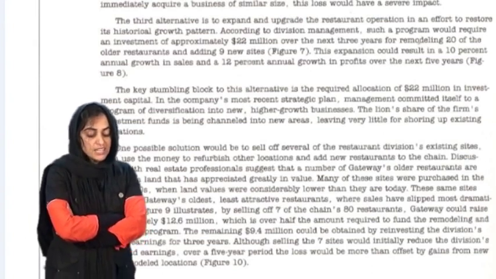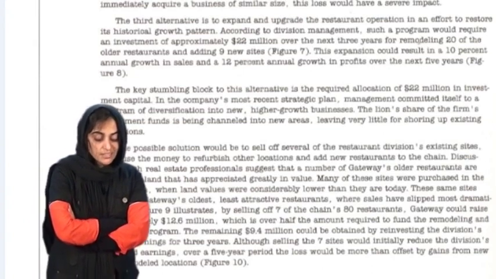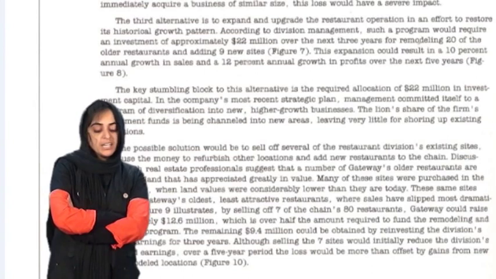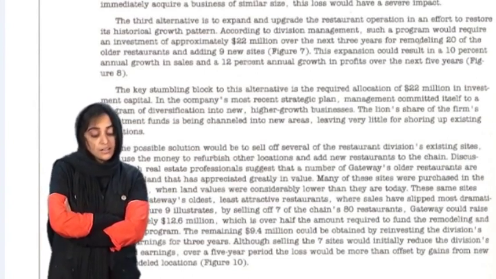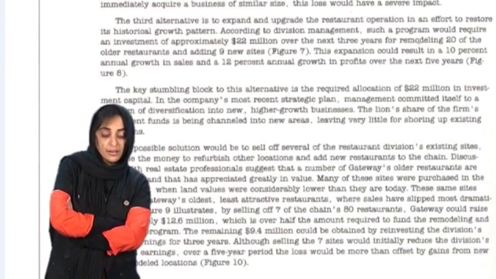This expansion could result in a 10% annual growth in sales and 12% annual growth in profits over the next 5 years. The key stumbling block to this alternative is the required allocation of $22 million in investment capital.